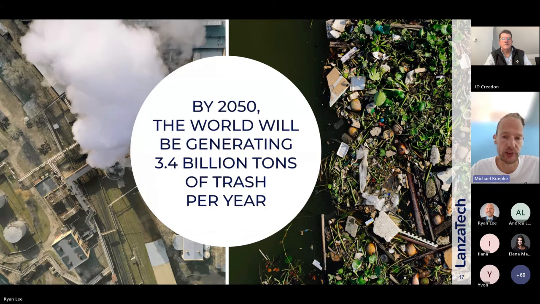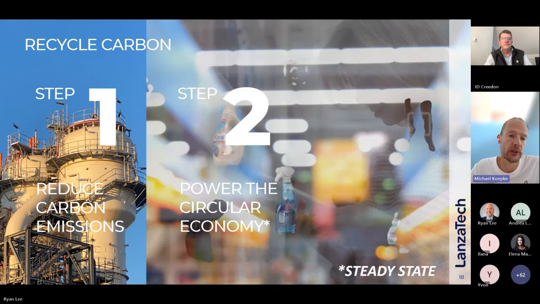If we make use of that, we can avoid digging out more fresh fossil carbon and enable a circular economy. By 2050, the world will be generating 3.4 billion tons of trash per year.